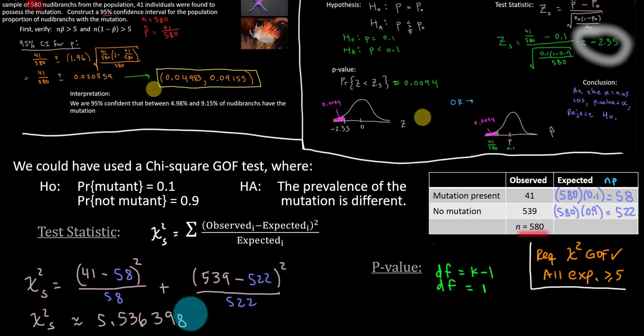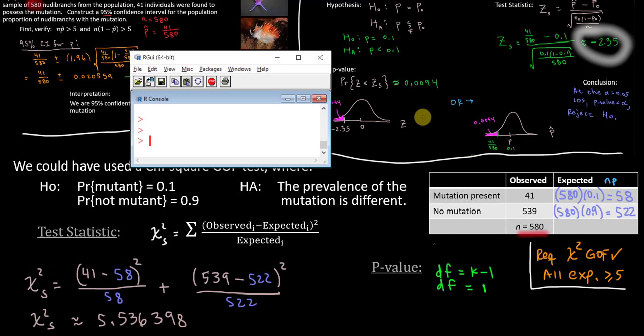We want to find the probability that our test statistic is at least this value or larger, so we're going to use R to find this probability in the chi-square distribution.